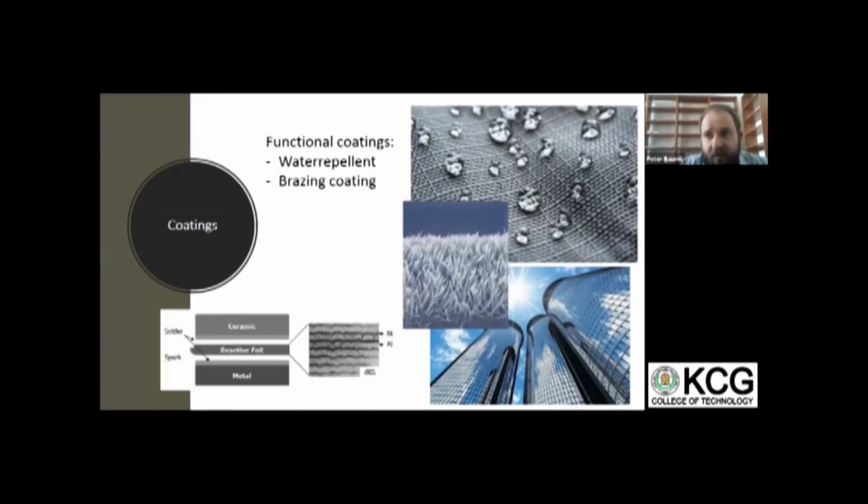We can also prepare coatings, for example, functional coatings. Here in the right-hand side, you can see so-called water repellent coating, and left-hand side, a brazing coating. I will speak about it a little bit later.